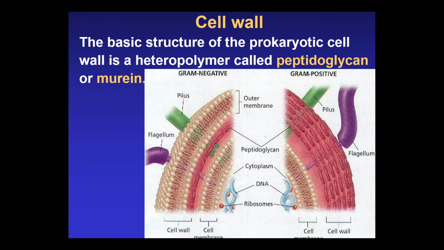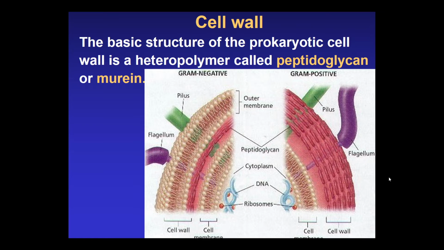Now we come to the most important structure of bacteria, that is the cell wall. And you know now already that the cell wall appears in both types: gram-positive bacteria, where we have a thick cell wall, and gram-negative bacteria.